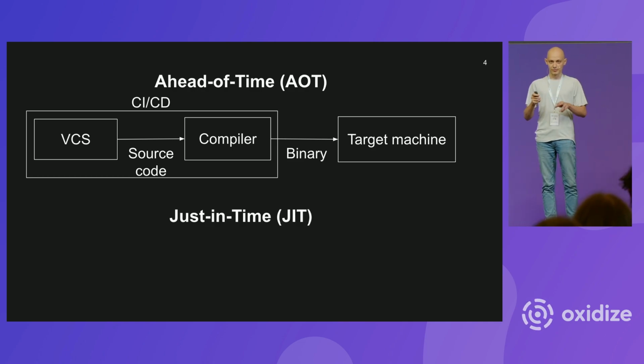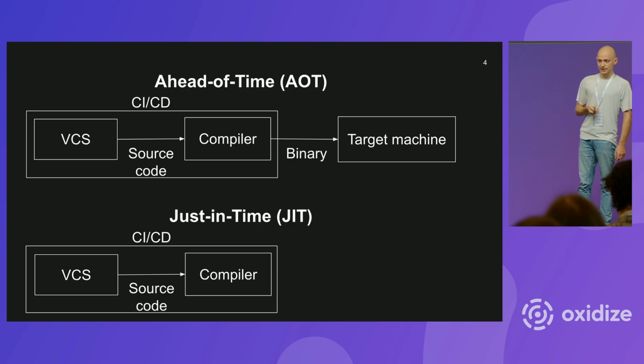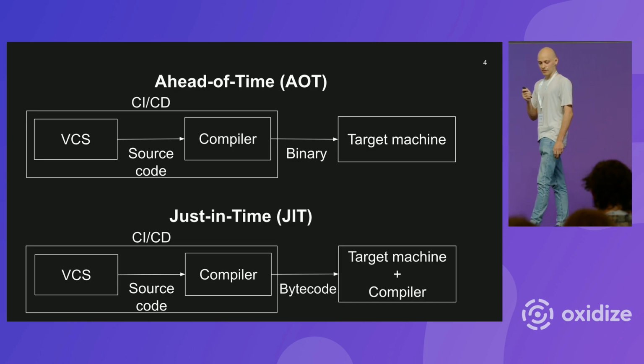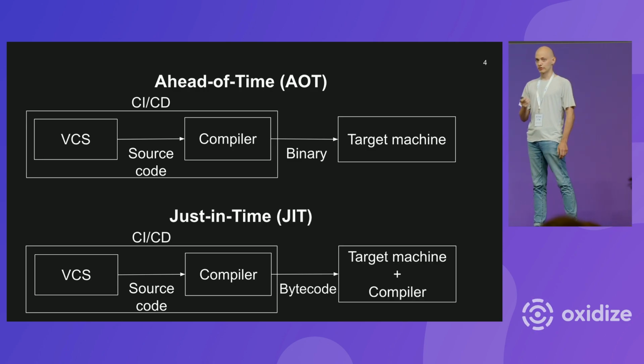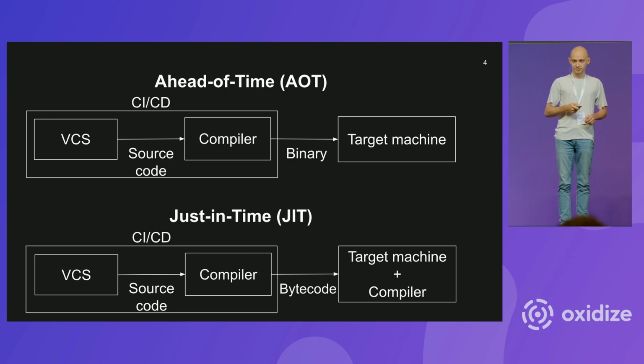We're not talking about interpreters, we don't care about Python at all. It's almost the same thing, but the compiler generates some kind of bytecode, and this bytecode is deployed to a target machine. On the target machine, it's compiled just in time during execution into machine code.